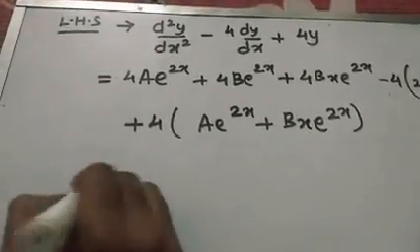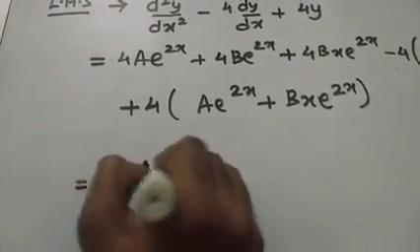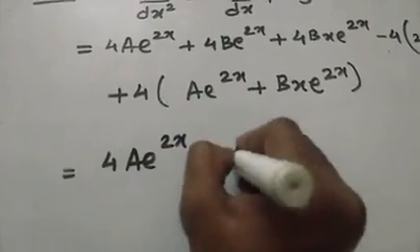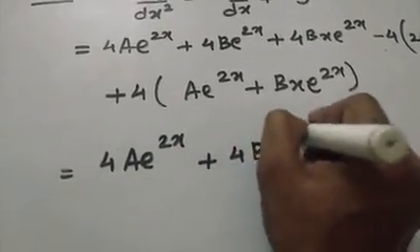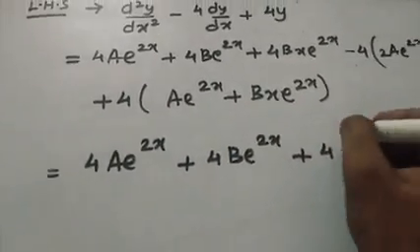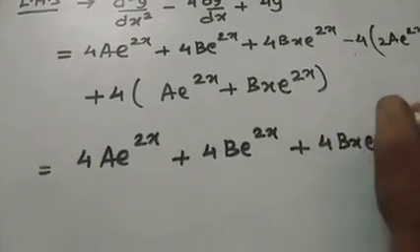Now let us multiply: 4a e to the power 2x, 4b e to the power 2x, 4bx e to the power 2x.